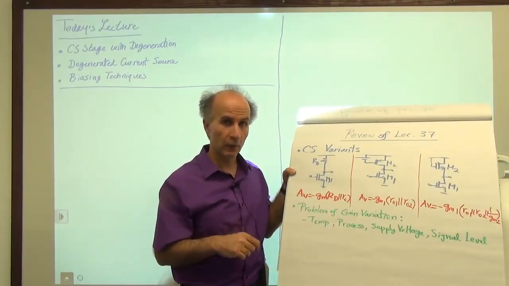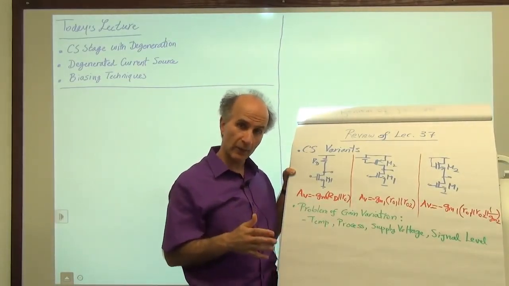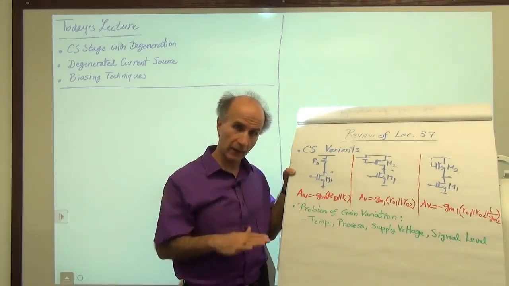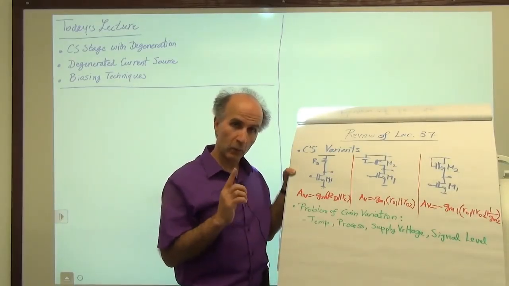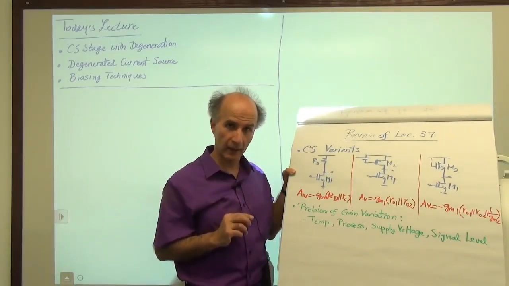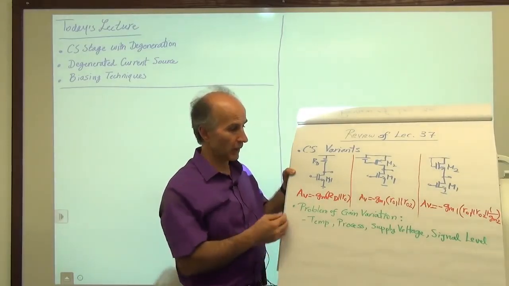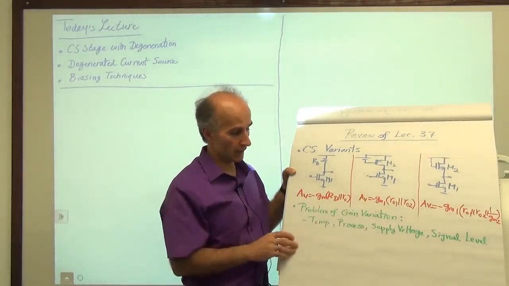All right, now before going to the last type of common source stage that we want to study here, we talked about one problem in circuit design, and that's what we call the problem of gain variation.